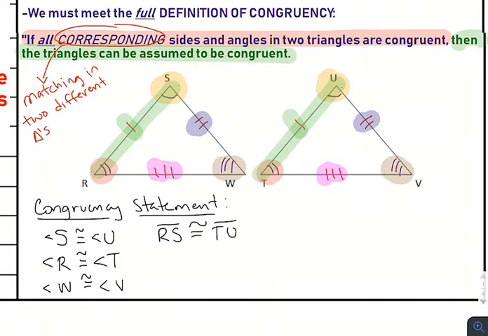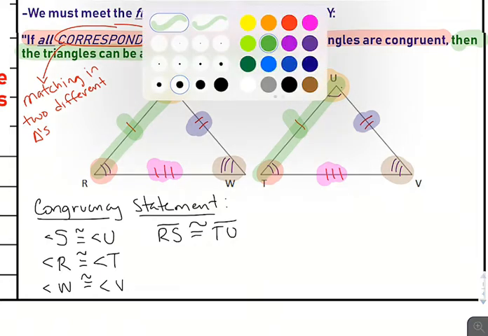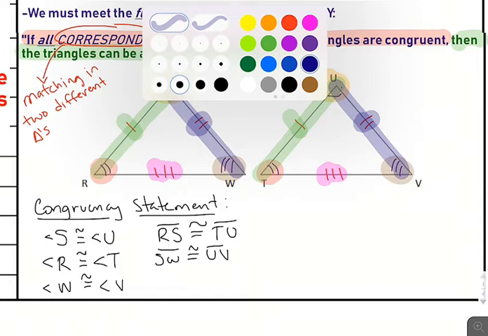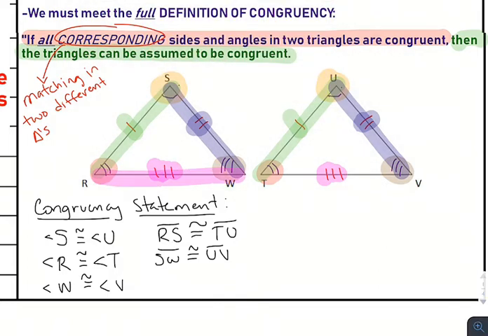We have the side SW matching with UV. And of course, last but not least, we have the bottom, RW and TV. Okay?